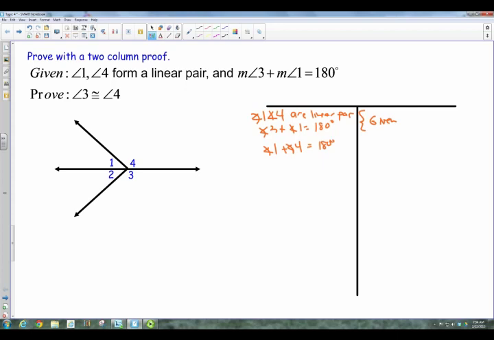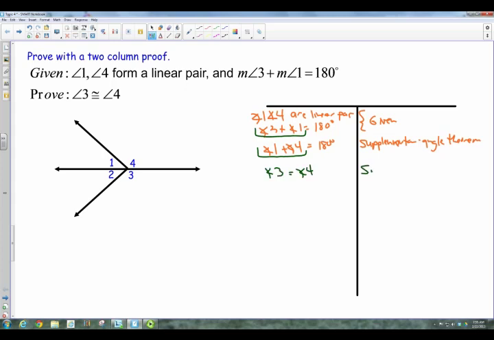That's the idea of supplementary angles, and the supplementary angle theorem. Now since angle 1 plus angle 3 is 180, and angle 1 plus angle 4 is 180, meaning they are supplementary, we could say that angle 3 is equal to angle 4.